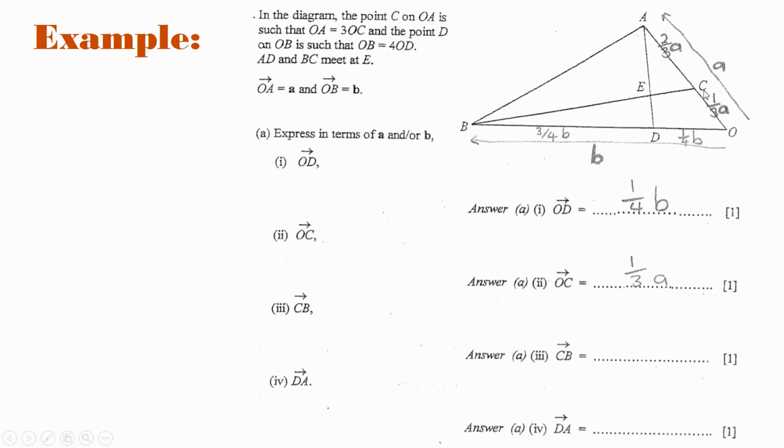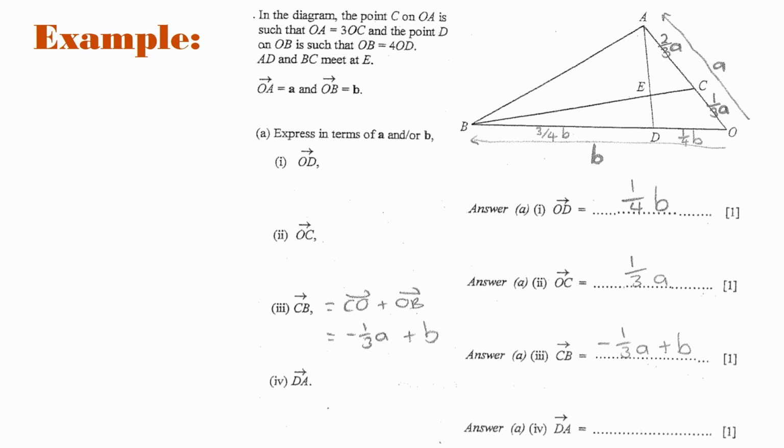So it's minus 1/3 A plus B. Or as we said, it's the same as vector CO plus vector OB, which is minus 1/3 A plus B. You could also write your answers as B minus 1/3 A.